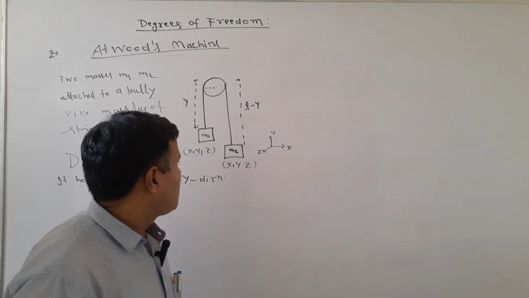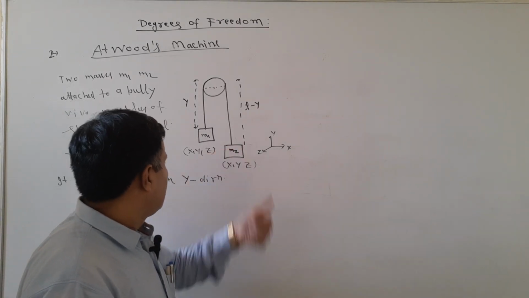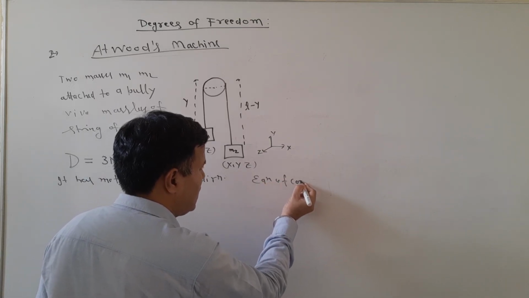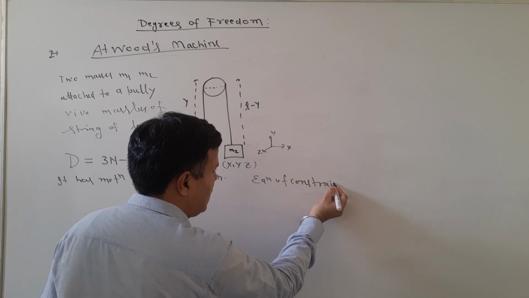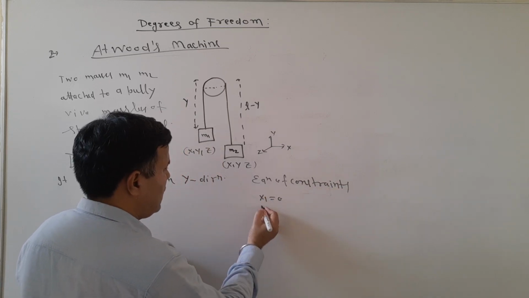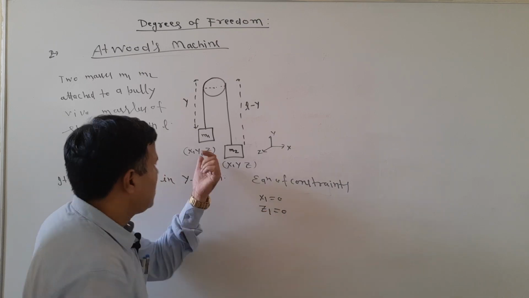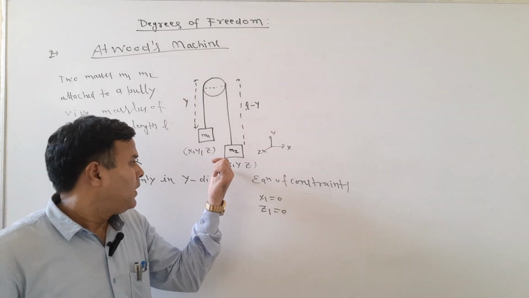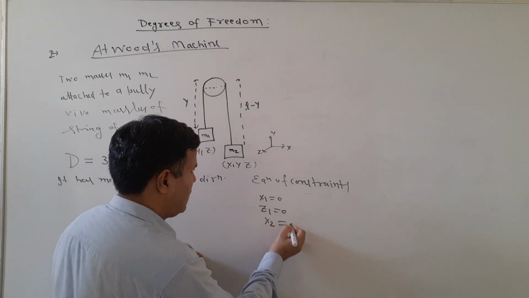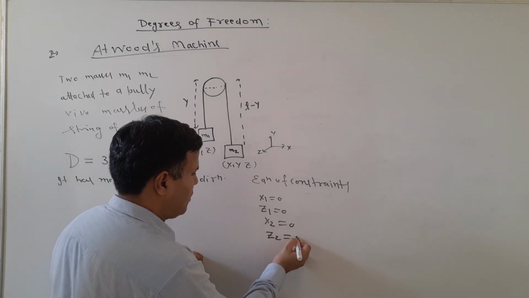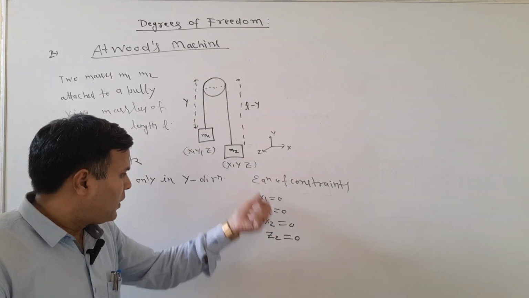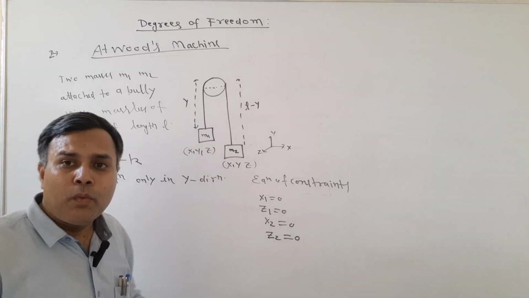So the constraints are x1 equal to 0, z1 equal to 0 corresponding to mass m1, and similarly x2 equal to 0 and z2 equal to 0 corresponding to mass m2. So we have 4 constraints here, and we have one more constraint.